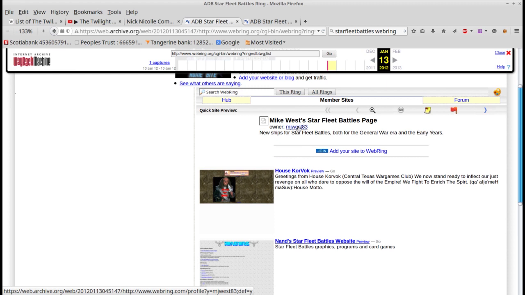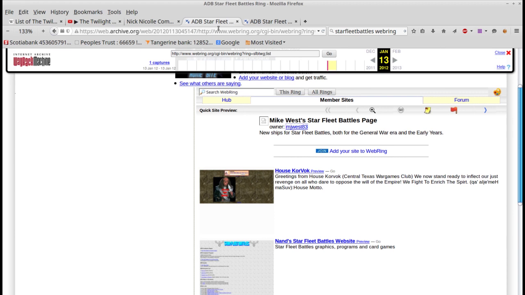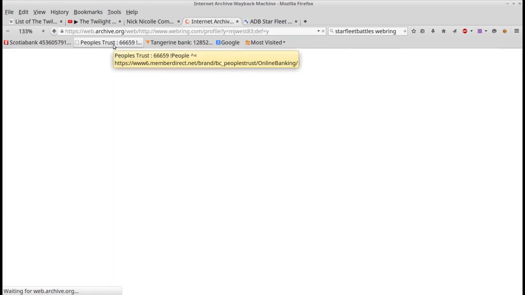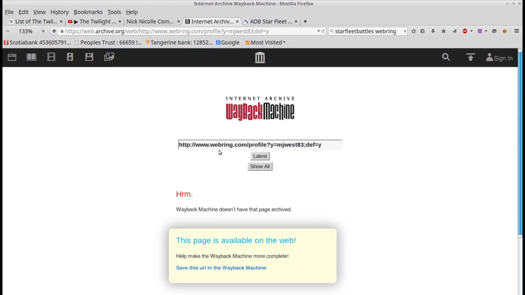So there's Mike West's page. We can copy the link address, paste it, make sure we remove the Internet Archive part from the front of it, and then do a search for it. Sometimes we'll get lucky, sometimes we won't.